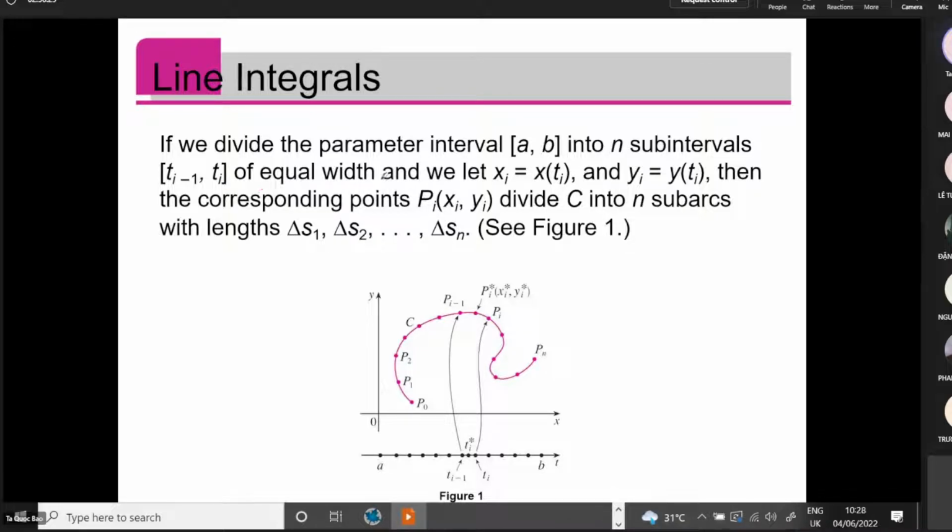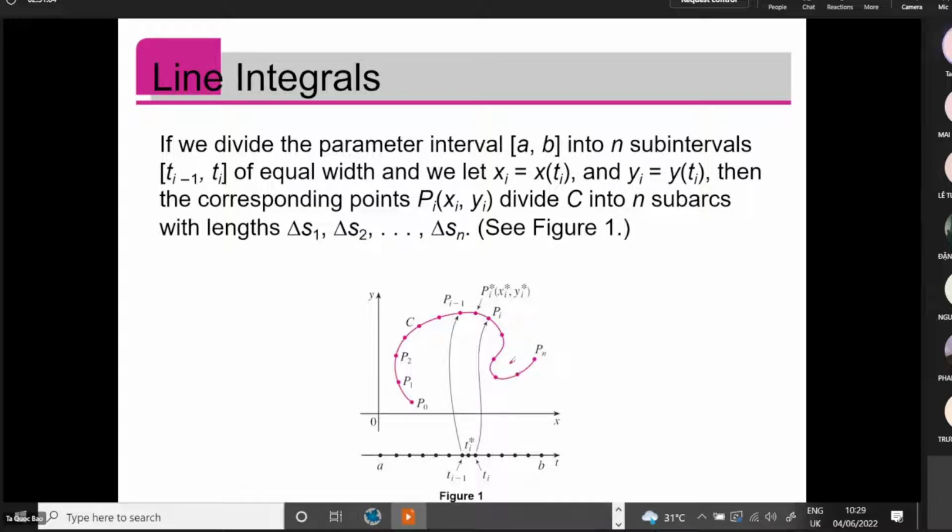So we have x_i equal to x(t_i) and y_i equal to y(t_i), and then we have corresponding points P_i at (x_i, y_i). Now divide C into n subcurves with lengths delta s1, delta s2, and so on. Like this.